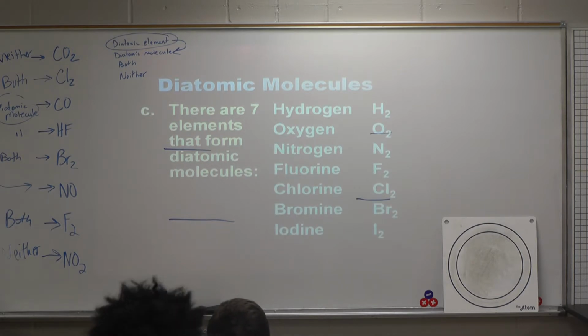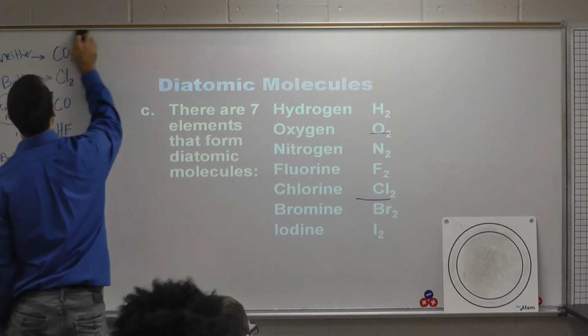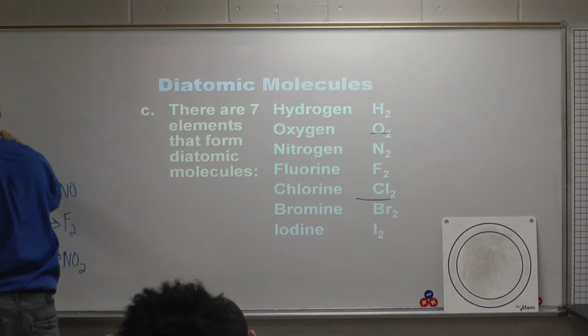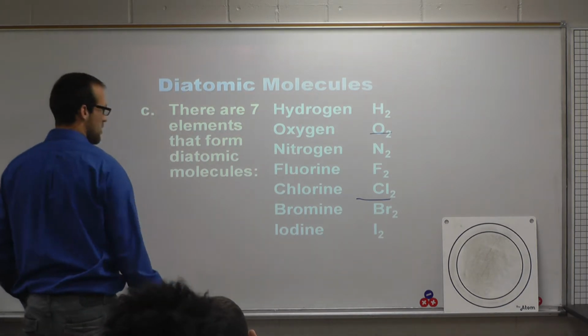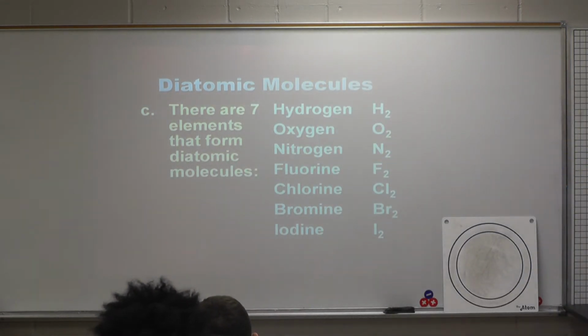Remember the 7-on-7 rule? You could have just looked up at the 7-on-7 rule and told me if that was diatomic or not. I know I have made you write in the 7-on-7 rule and the diatomic molecule or diatomic element thing so many times you're probably getting sick of it. But it's so important as we progress and start doing chemical equations, you need to know this. Through constant repetition, I'm hoping by the time we get to that, you'll have this down.